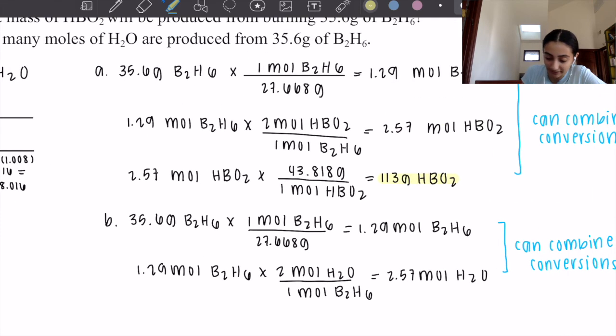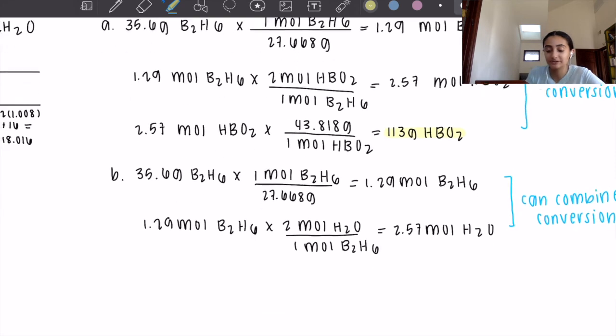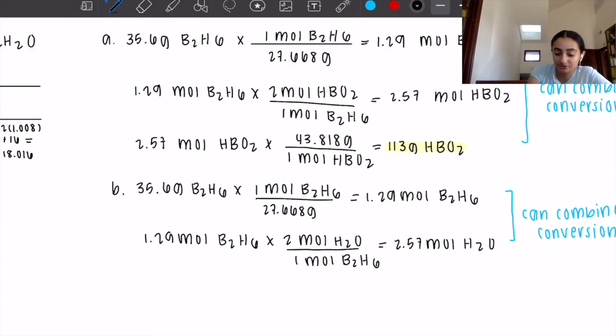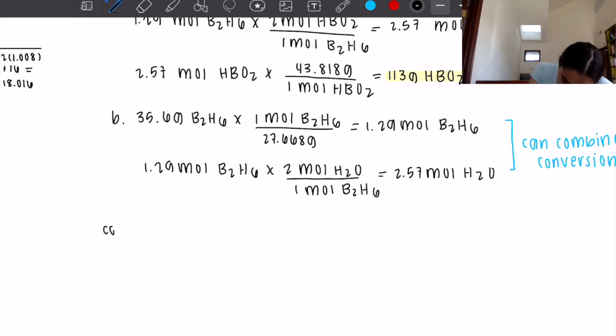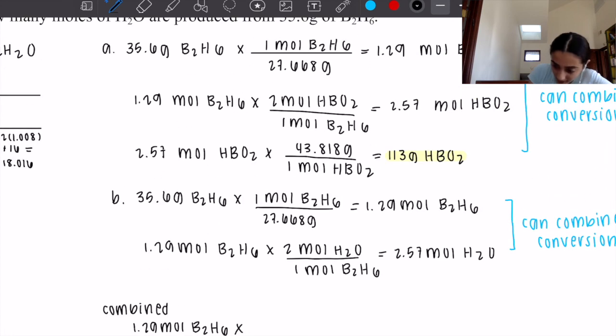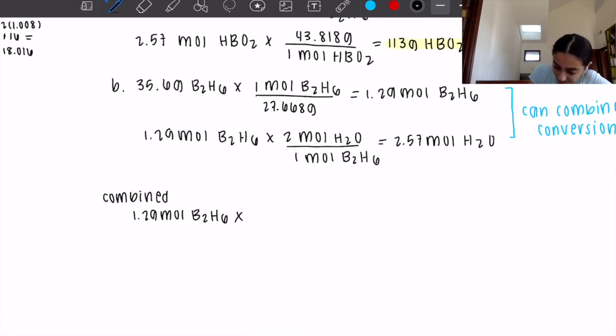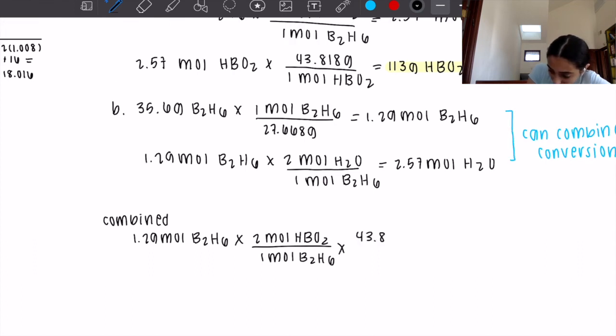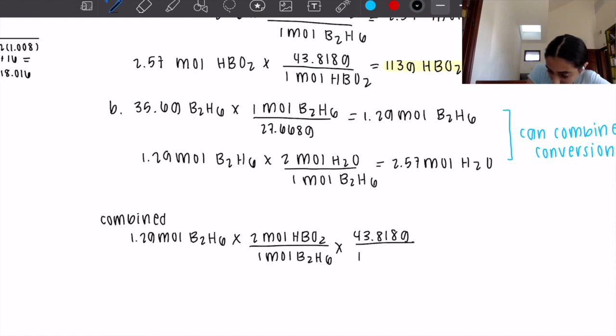And if you wanted to do this reaction combined, you could start with the grams of B2H6. I'm just going to show you how to do it starting from the moles of B2H6. So let's say you wanted to combine it, you would start with 1.29 moles B2H6 and then multiply by 2 moles HbO2 over 1 mole B2H6, and then multiply that by the molar mass of 43.818 grams over 1 mole HbO2.